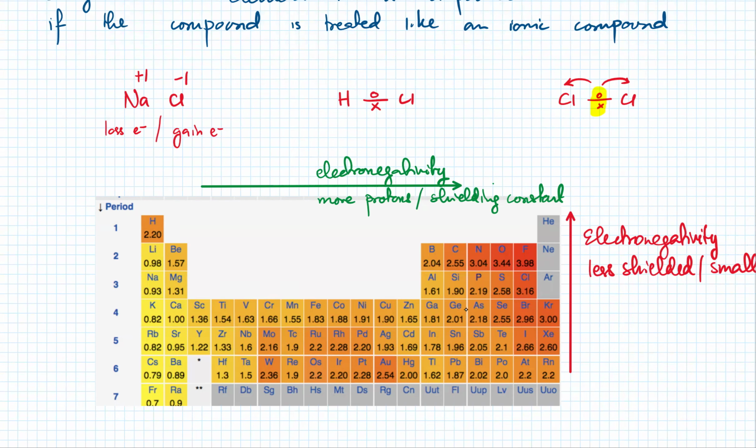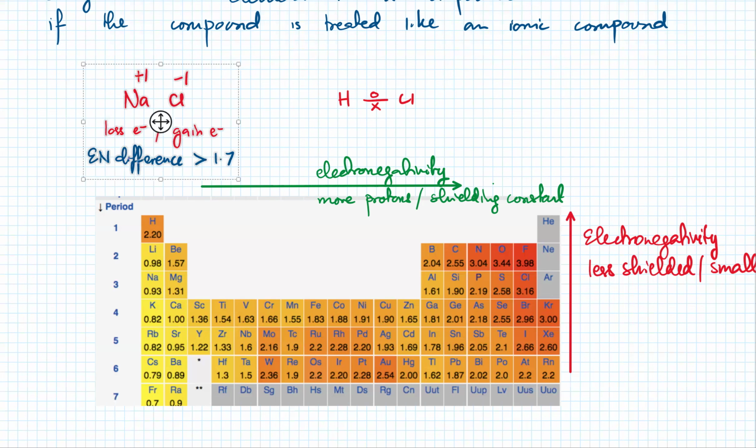So let me tell you this in detail. You get an ionic compound when the electronegativity difference, I'm just going to write EN, is very high, specifically greater than 1.7. Your compound is supposed to be ionic.